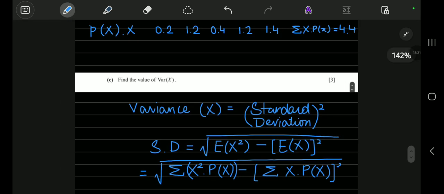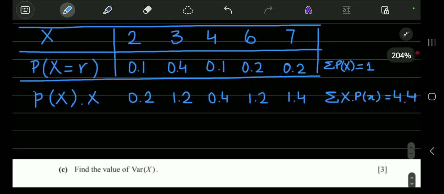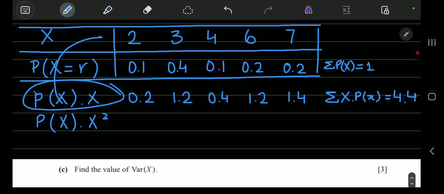Now we also need the x square dot p of x, so just find that out as well. Either just multiply this with this column, so we'll get p of x dot x square, or square the x and then multiply with p of x, whatever makes sense to you.